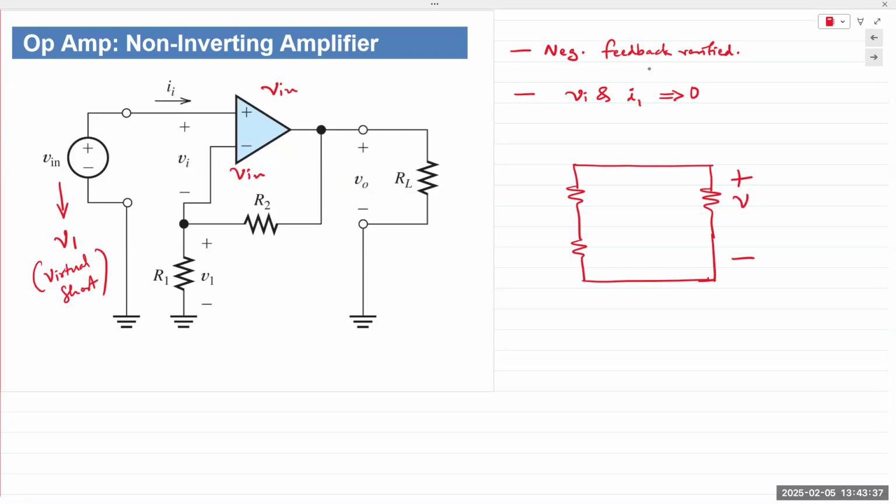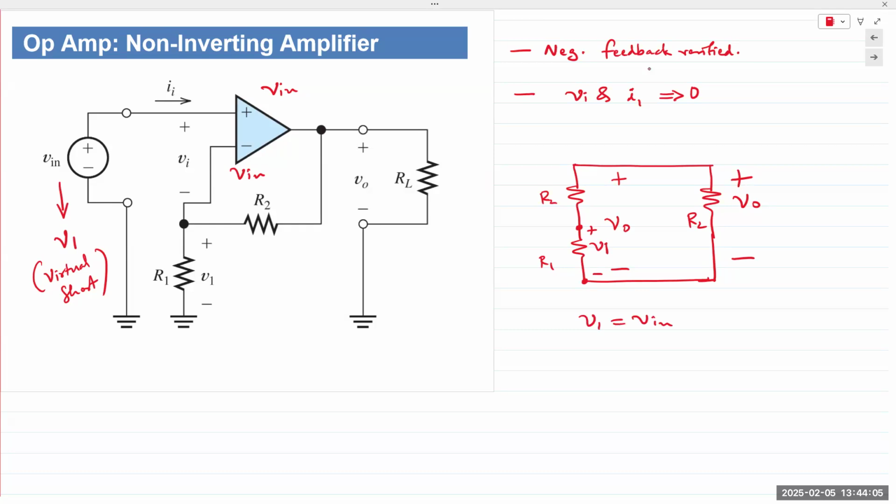we have VO across RL. That means that across R2 and R1 in series we also have VO. But the voltage across R1 is V1, and V1 is equal to V in.